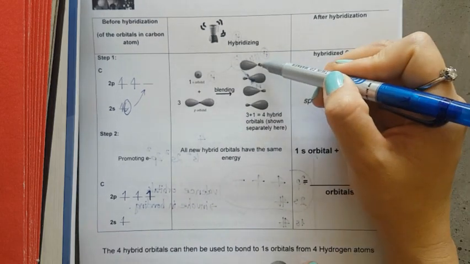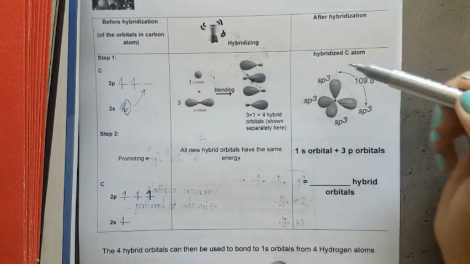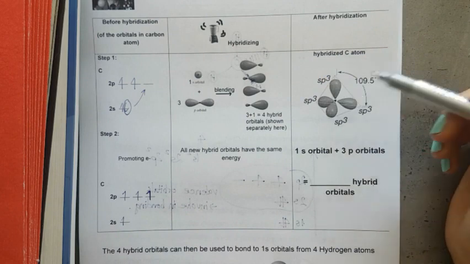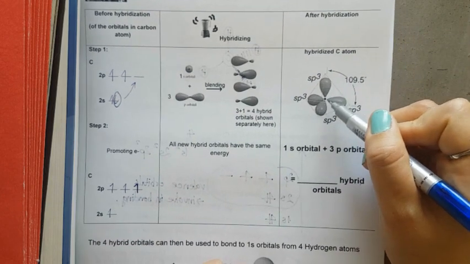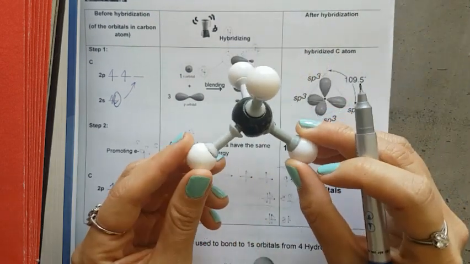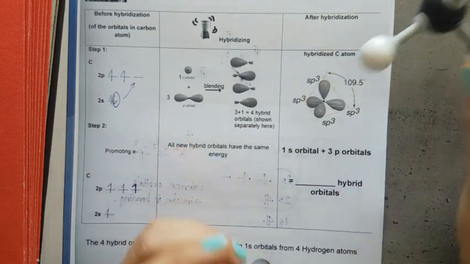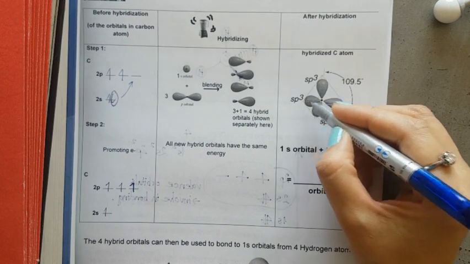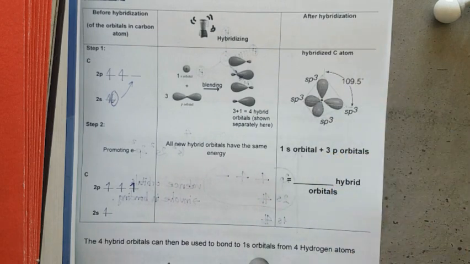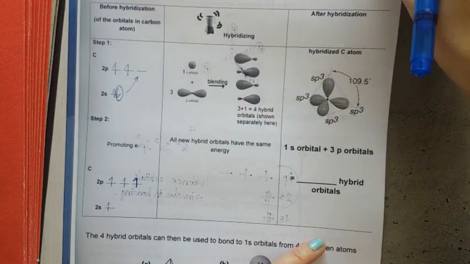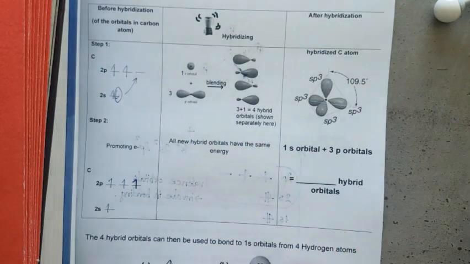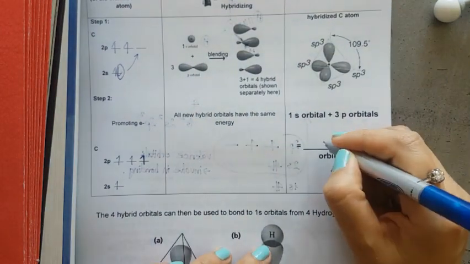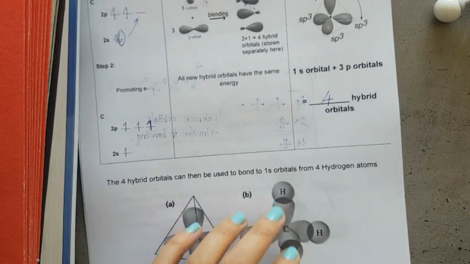And if you were to put these 4 chicken drumsticks around the carbon atom, you end up with a shape like your methane molecule. So we call the shape tetrahedral because there are 4 of them, and they are situated in that arrangement to minimize repulsion. So then you end up with 4 identical hybrid orbitals.